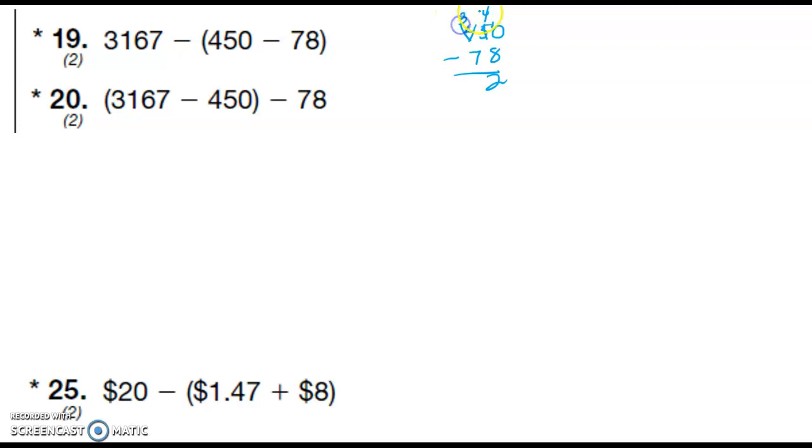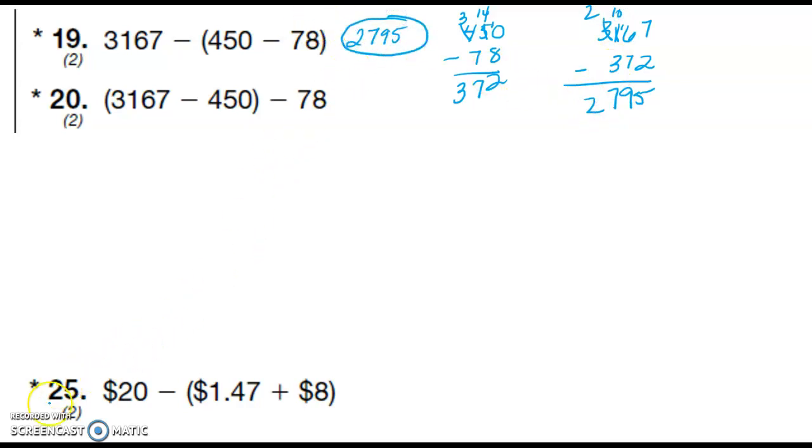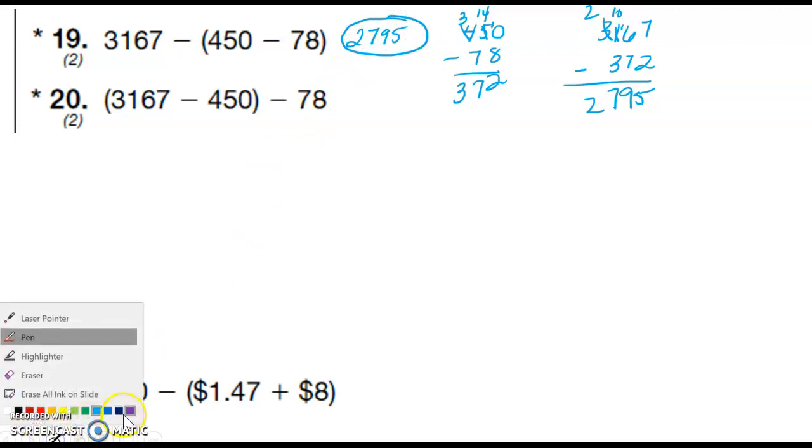And you'll just see me doing this longhand. So I get 372, and then 3167 minus 372, and I get 2795 for 19.